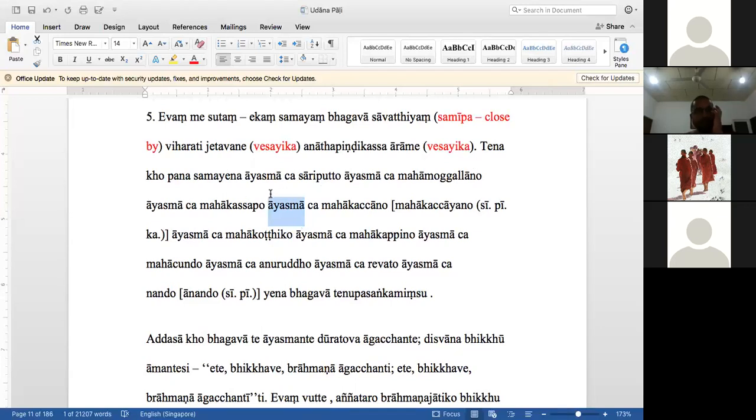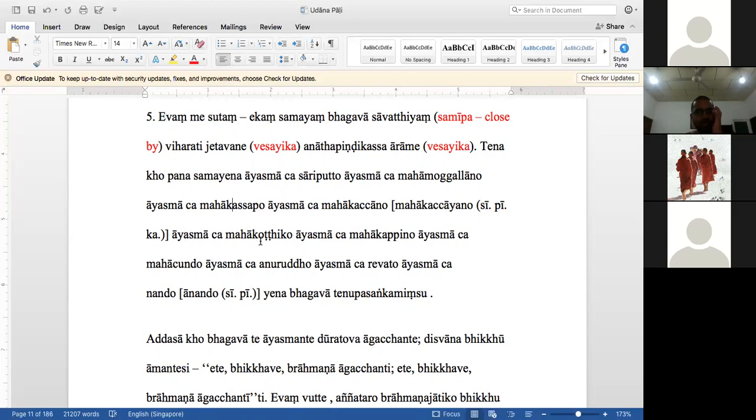Tena kho pana samayena, Venerable Sariputta, Venerable Mahamoggallana, Venerable Mahakassapa, Kachayana or Kachana, both are correct grammatically. We don't know exactly what was used, but in the Sri Lankan tradition they use Kachayana.